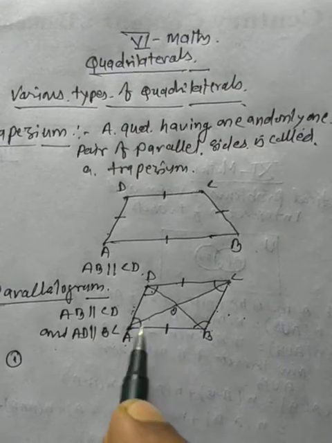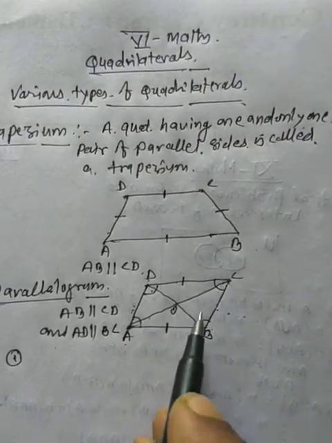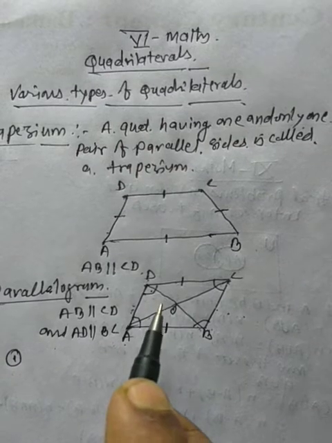That means OA is equal to OC and OB is equal to OD.